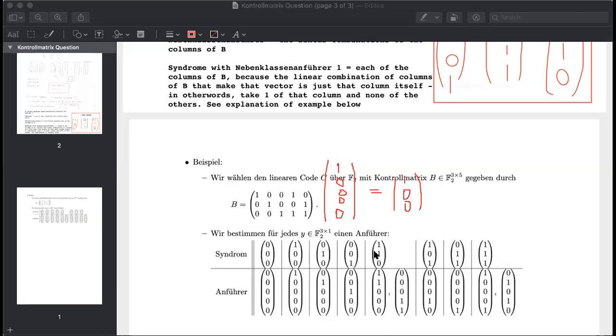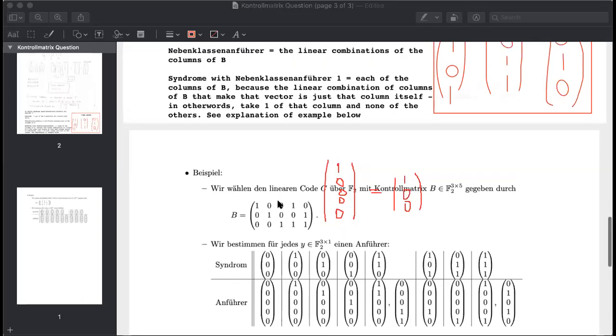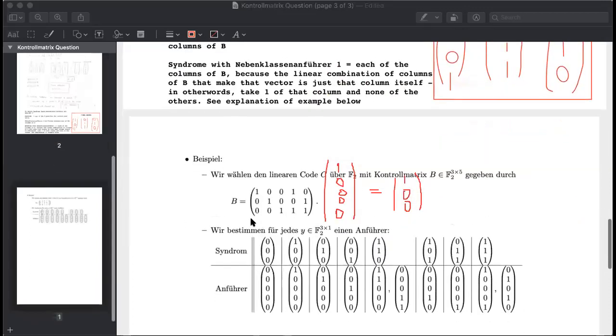So here's a table based on this example. This B is not our original B up here. It's a different example that I chose because it's nice and easy to explain.